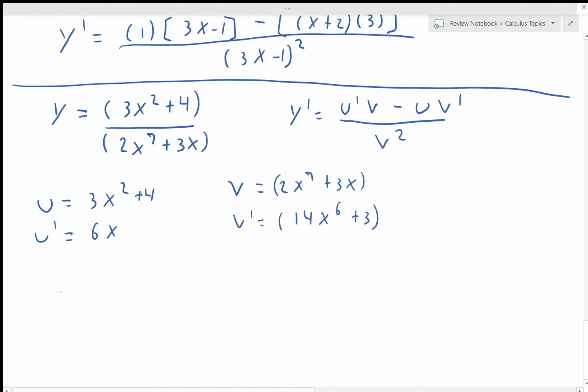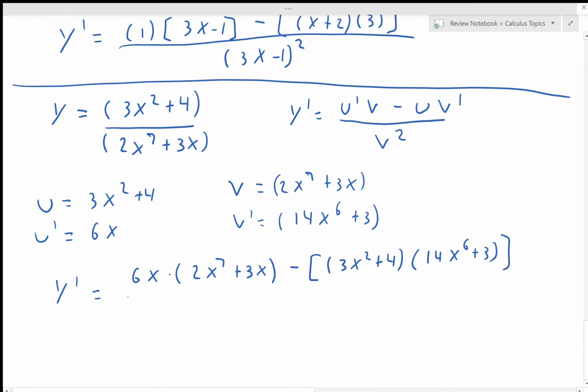Alright, just plug everything in again. U prime is 6x times v, 2x to the 7th plus 3x, minus u, which is 3x squared plus 4, times 14x to the 6th plus 3.